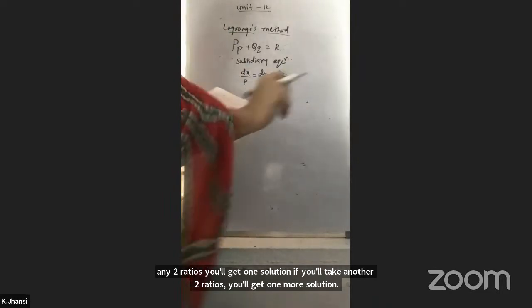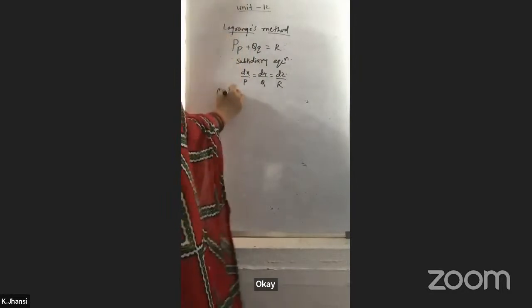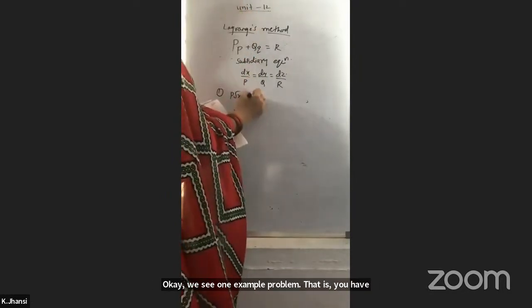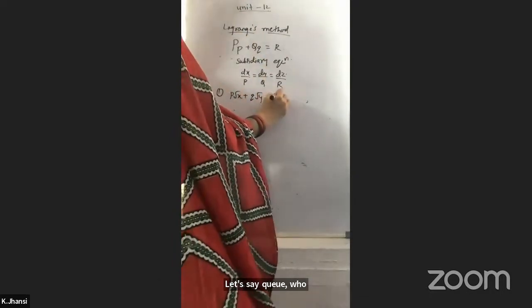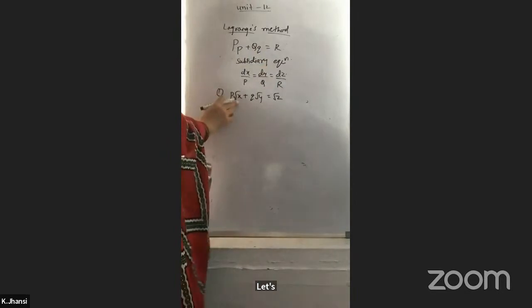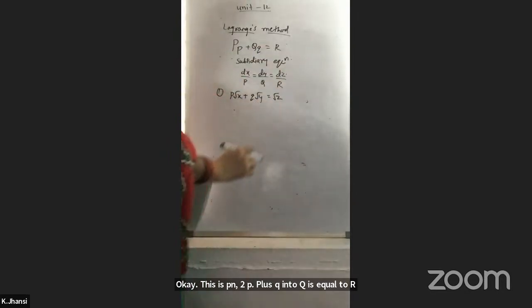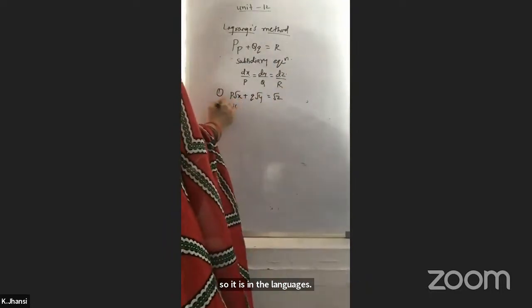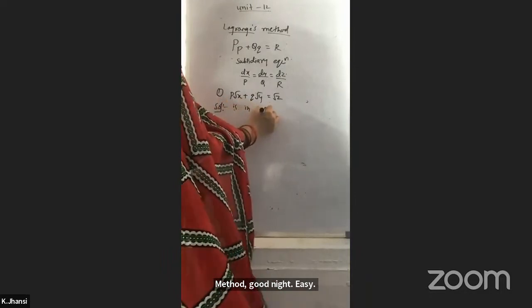Okay, we'll see one example problem: p root x plus q root y is equal to root z. Okay, this is capital P into small p plus capital Q into small q equals R, so it is in Lagrange's method. From here I am writing the solution.